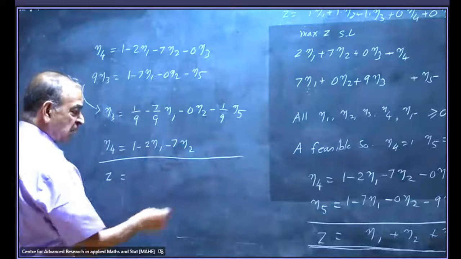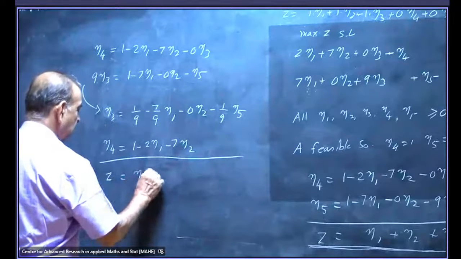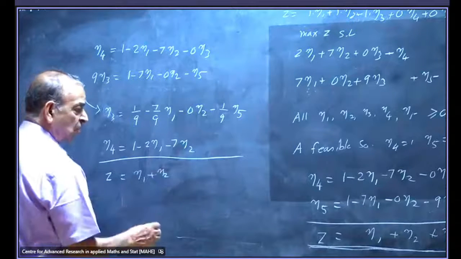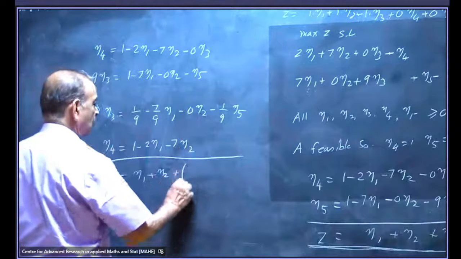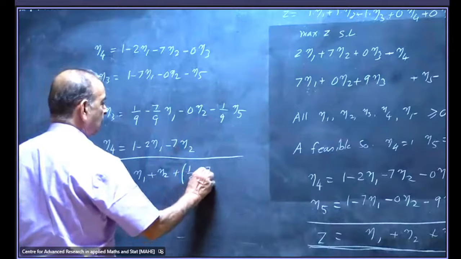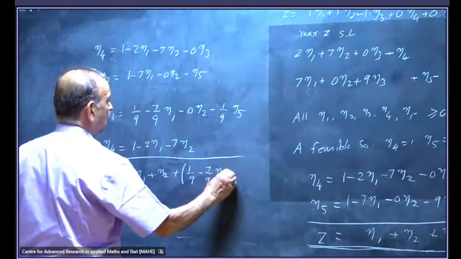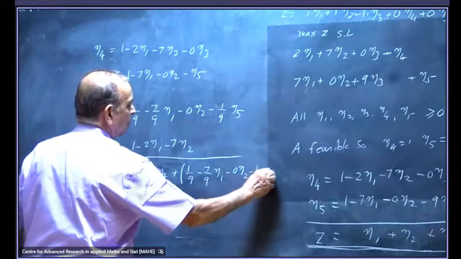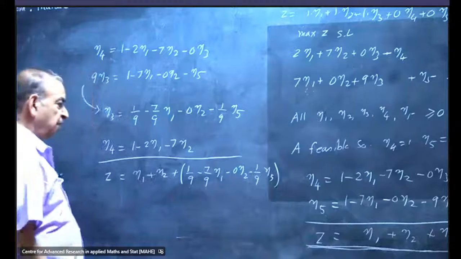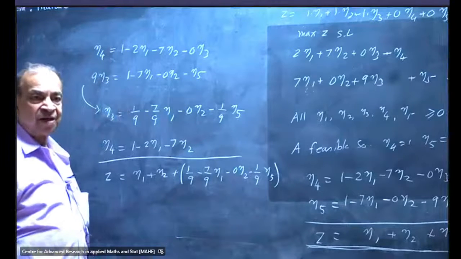Now what is Z? I have to write down this also, that is eta 1 plus eta 2. Instead of eta 3, I should write down this whole expression.